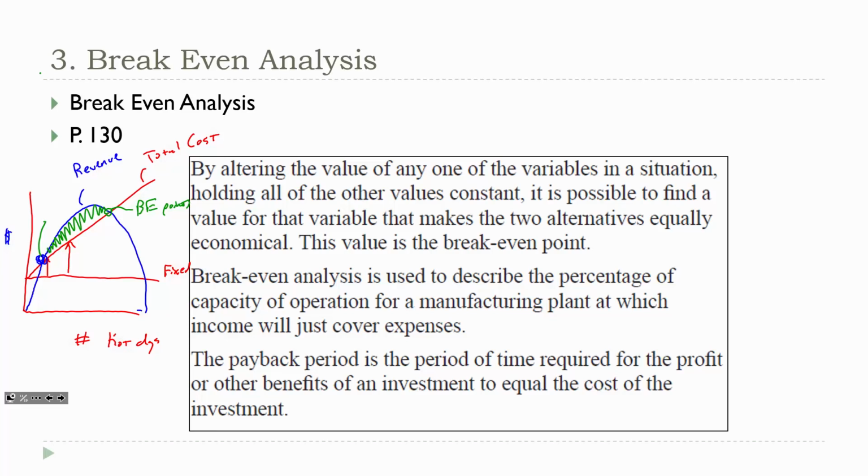The other type of break-even analysis is the payback period. If you have a set of things happening from a cash flow standpoint, for your payback period you're basically solving for N. So the payback period would be the number of years in that cash flow diagram to where the income would start exceeding the expenses.